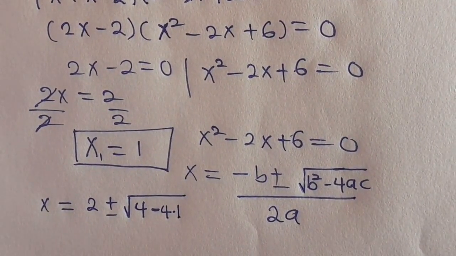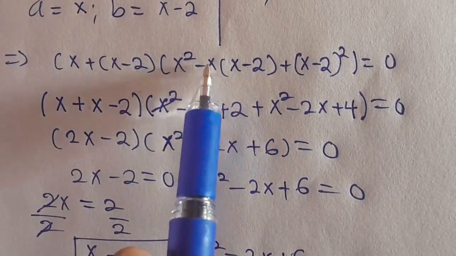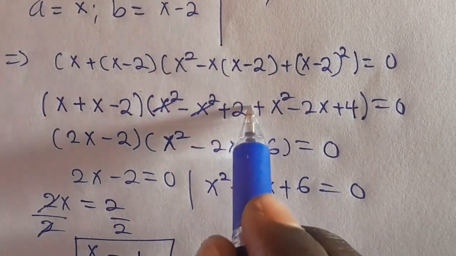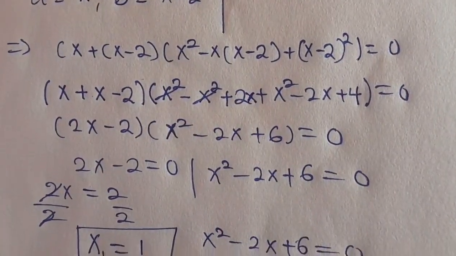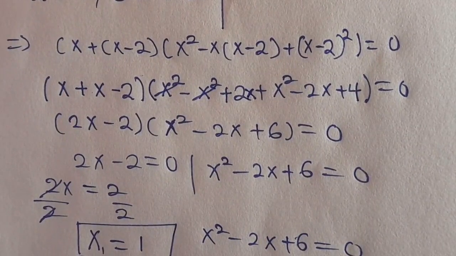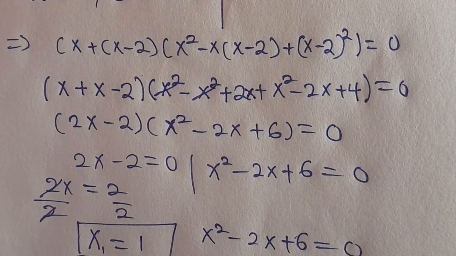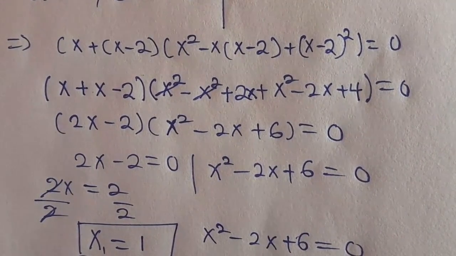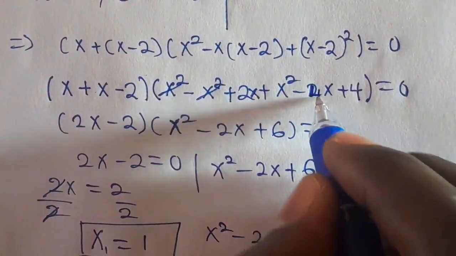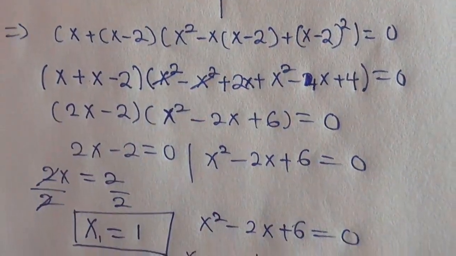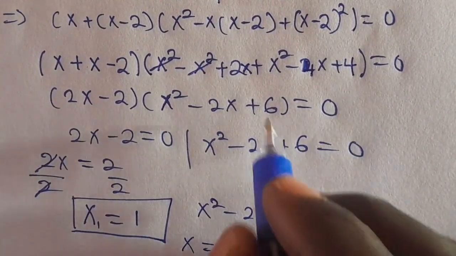Sorry, from here we're supposed to have, this time this will be x squared, this time this will be what? Minus plus x. And so therefore we have, when you now open this one, we have this one to be plus 4x. So from here we have this one to be 4.